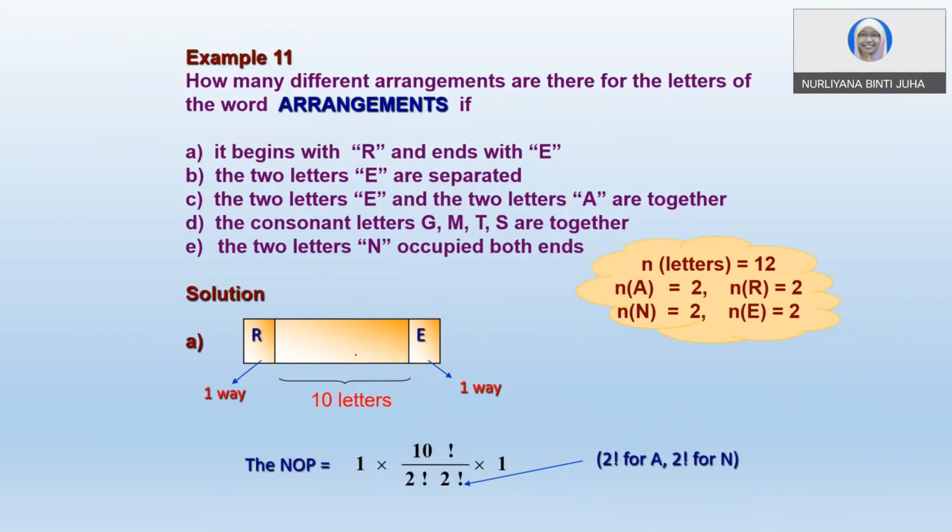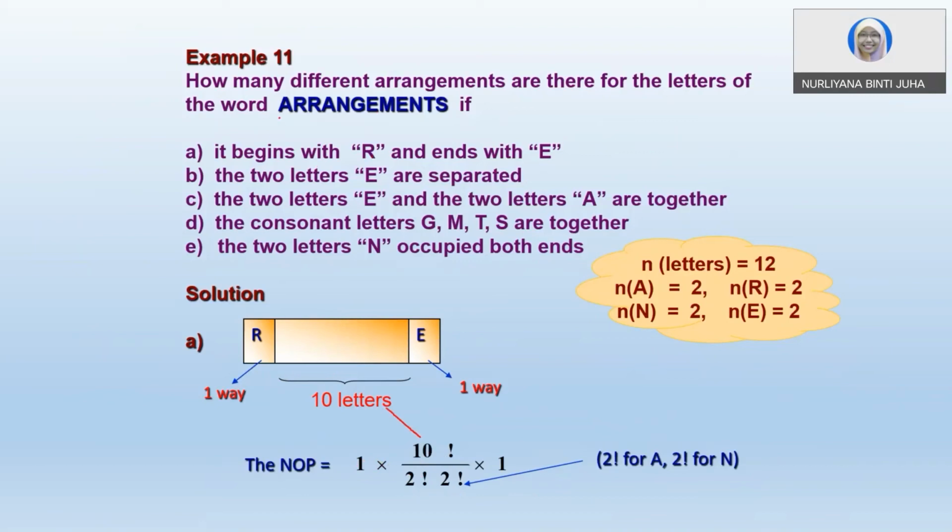10 letters lah. Okay. So you have number of permutation is untuk R, since they're fixed, begin with R and end with E. R you have 1, multiply with, untuk yang tengah ni you have 10 factorial over 2 factorial multiply with 2 factorial. Okay. So, kenapa 2 factorial multiply with 2 factorial?